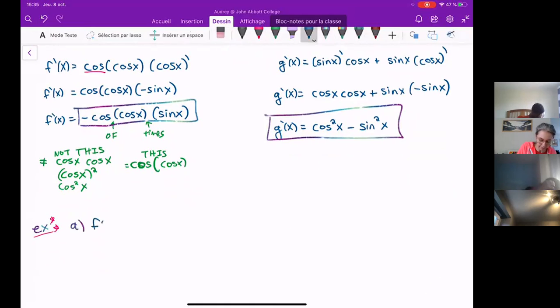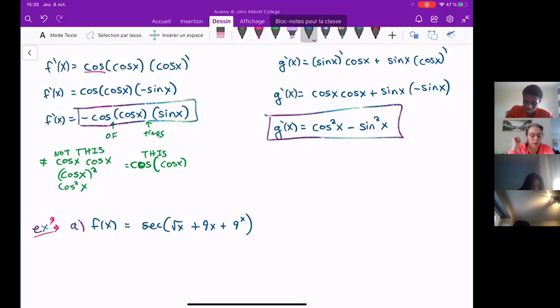Let's say that I have f of x is equal to secant of the square root of x plus 9x plus 9 to the x. So is this secant of x or is it secant of a whole function? It's a whole function, so that tells me that I need a chain rule. That's my g, I need a chain rule.